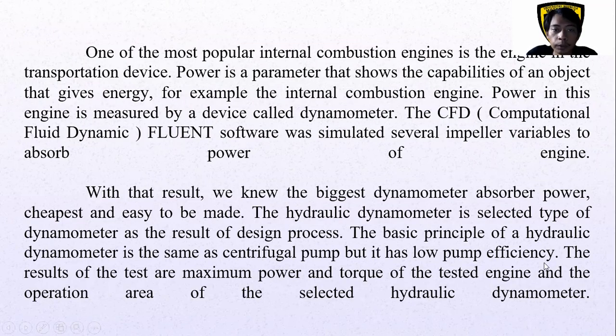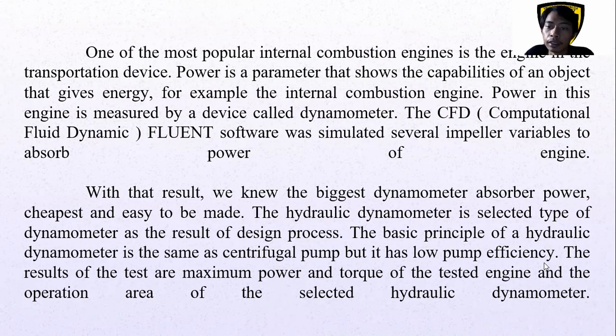One of the most popular internal combustion engines is the engine in transportation devices. Power is a parameter that shows the capability of an object that gives energy, for example, the internal combustion engine. Power in this engine is measured by a device called a dynamometer.